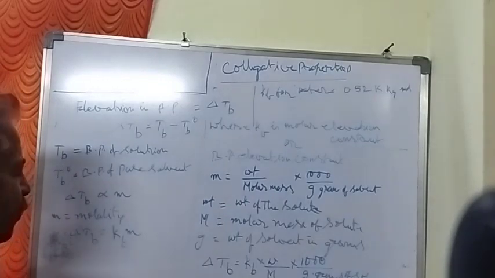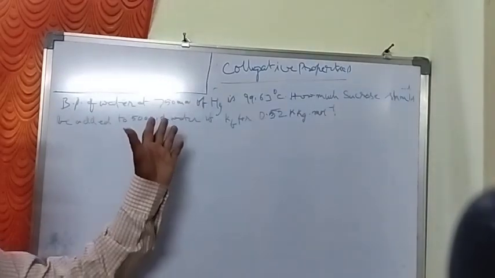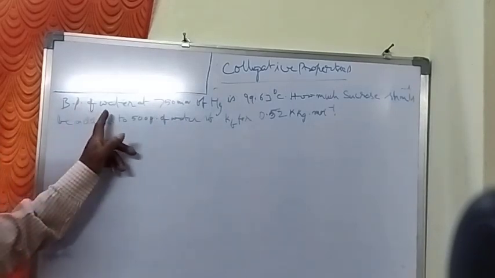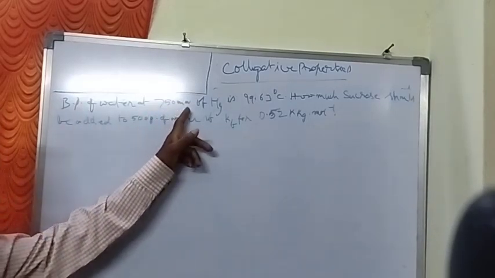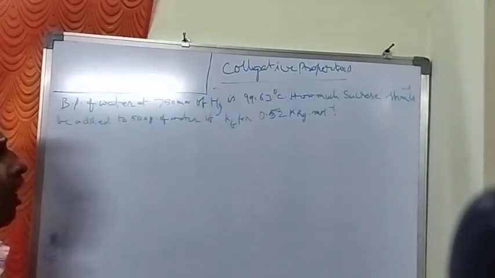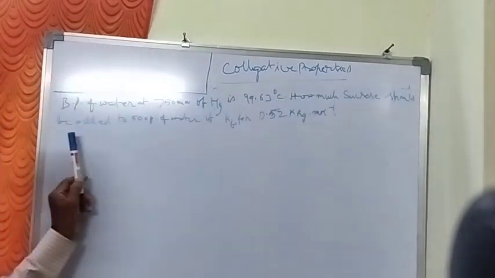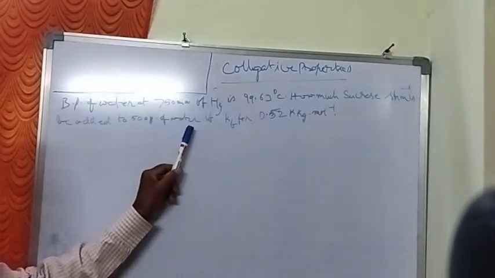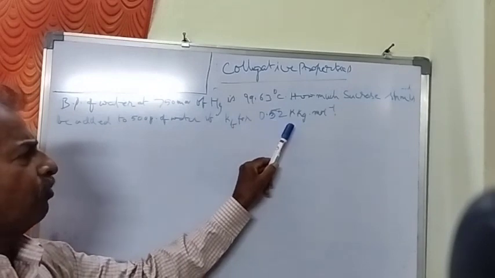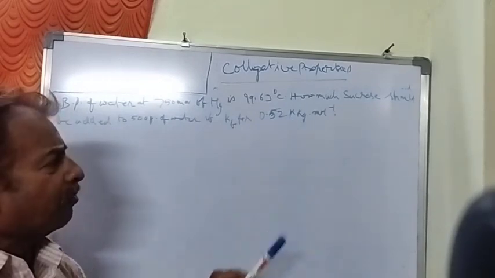Now let us do one problem based on elevation in boiling point. Boiling point of water at 750 millimeter of mercury is 99.63. How much sucrose should be added to 500 grams of water if Kb for water is 0.52 Kelvin kilogram per mole?